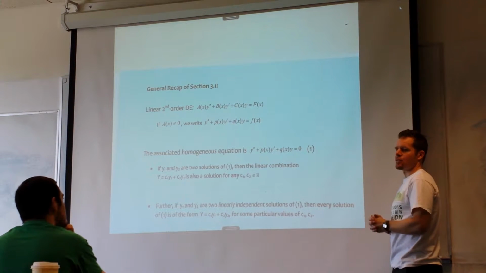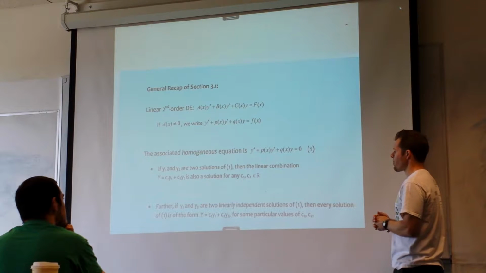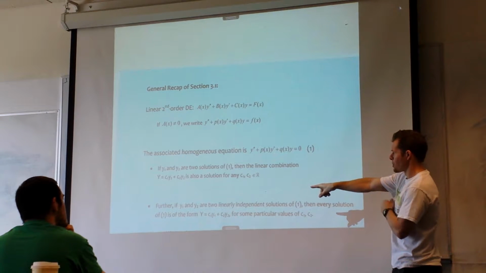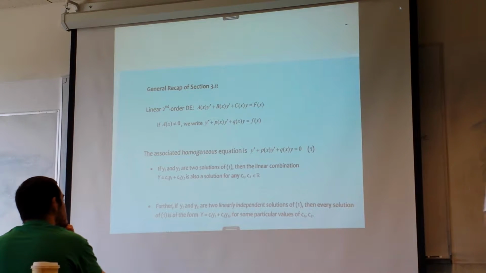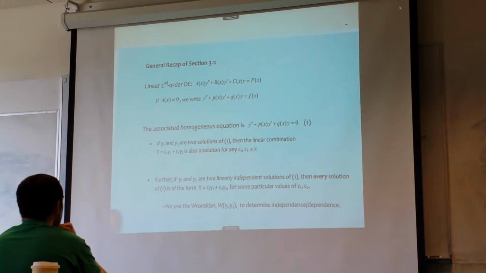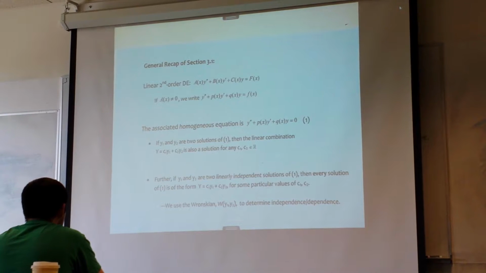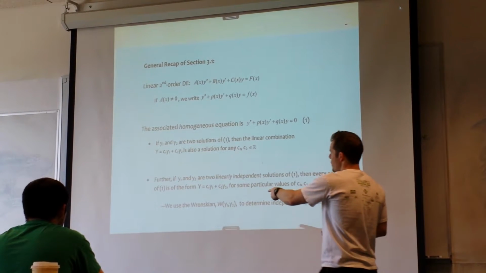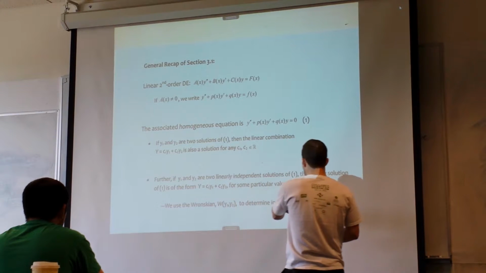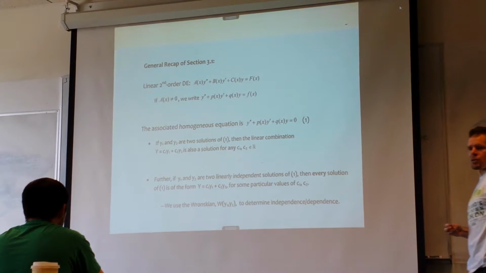So that is the general solution. Okay? Every solution will be some linear combination of those two. That's a big result, and that holds in higher order as well. And then to determine linear independence, we use the Wronskian like we did before. Okay, the Wronskian determines independence or dependence of those functions.